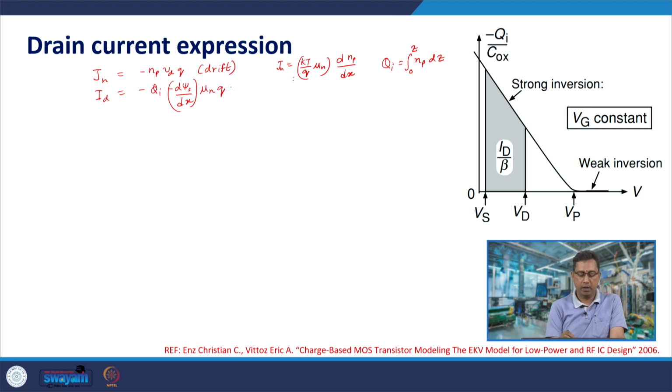This is the current because of drift, and the current because of diffusion again has the diffusion constant, inversion charge, and how it varies with the x direction. Since the inversion charge is negative, an increase in inversion charge would give rise to a positive conventional current.